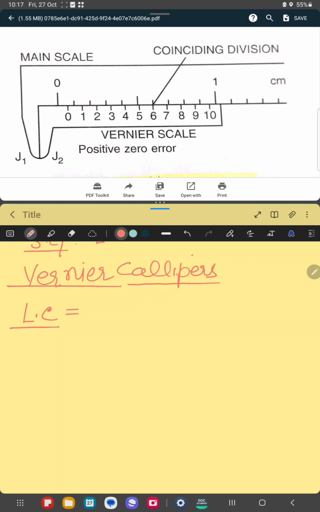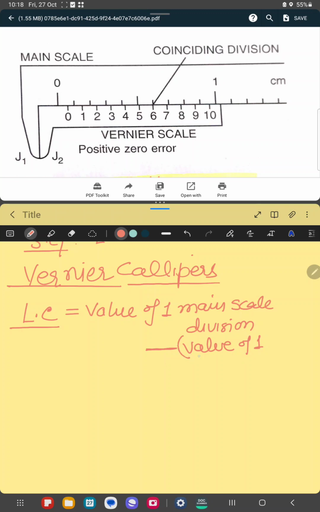Least count is defined as the value of one main scale division minus the value of one Vernier scale division.